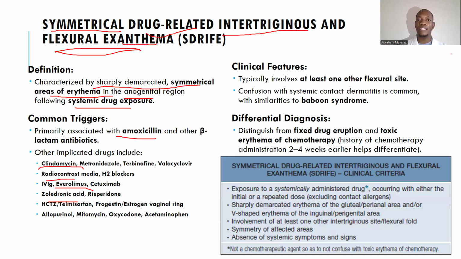In the clinical features, it will typically involve at least one or one other flexural site. So when you have them involving maybe the axilla, then you'll have it also involving maybe the flexural areas, maybe in the neck, maybe in the intergluteal areas, or maybe in the cubital fossa.